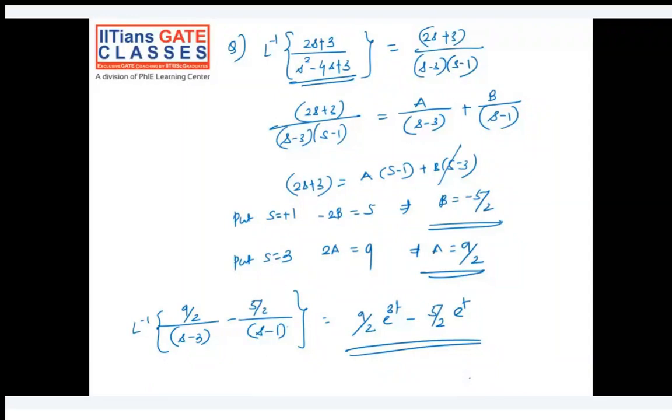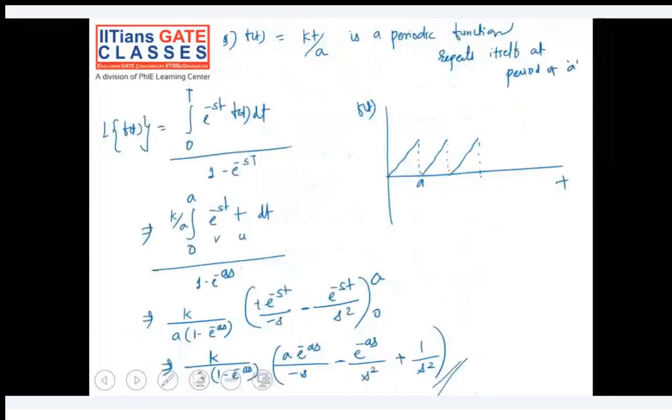Okay. So based on this, I'll give you 2 questions for homework. You can try it. Okay. Inverse Laplace transform of s plus 3, I'll give you hints also, divided by s cube minus 2s square minus 8s.